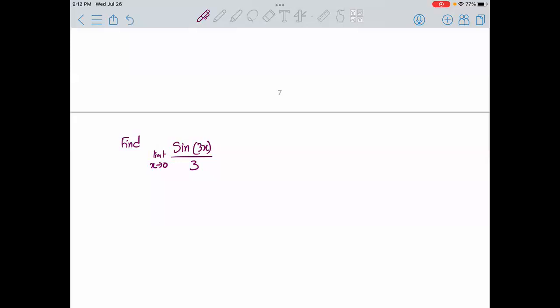Find sin 3x by 3, limit x tends to 0. What is the value?